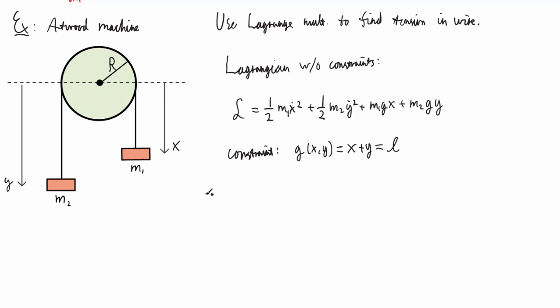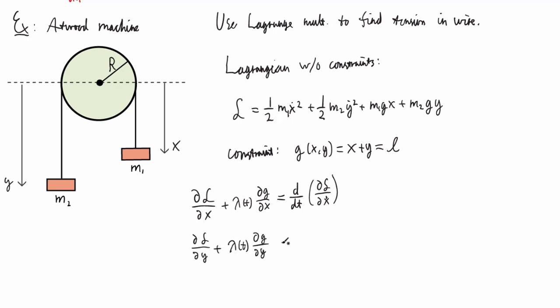So now let's write down the Lagrange equations with the Lagrange multipliers. Since we haven't gotten rid of any generalized coordinates, there are still two of those. Right, so now we just have to apply all these things here.